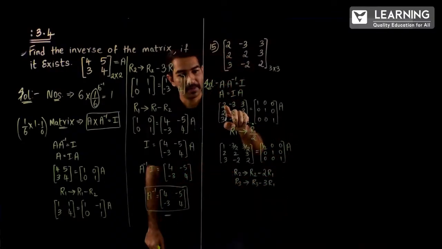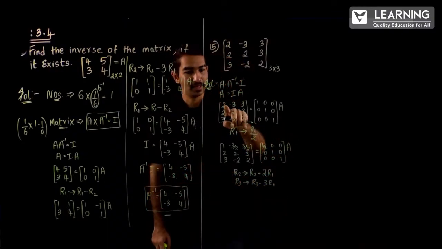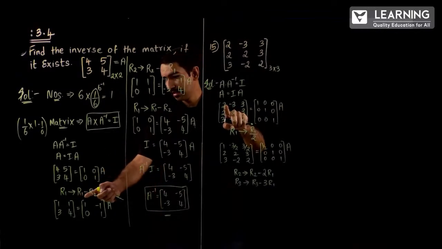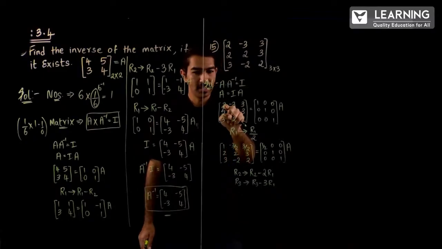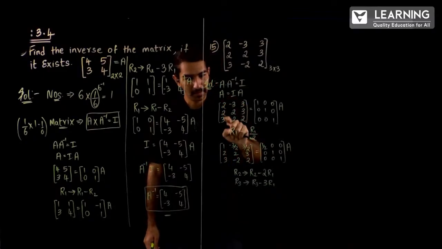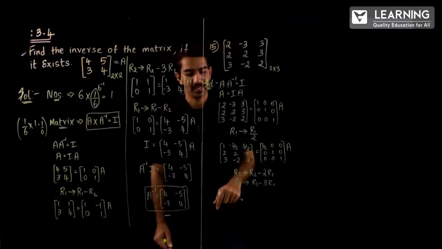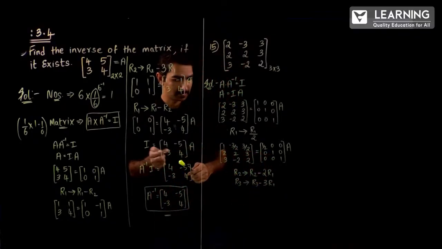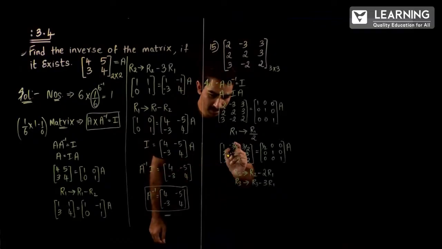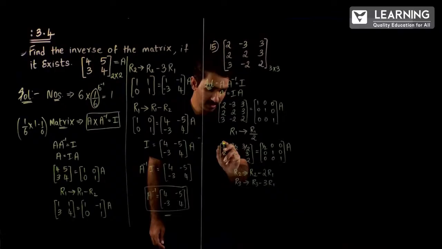Always make the first element, that is A11 as 1. Okay, either by like this, make it 1 like this, or make it 1 like this. Once this becomes 1 with respect to this, make the other 2 elements below that as 0. So I've written the row operation here. We'll just operate them now. What will happen? So 2 minus 2 is 0, 3 minus 3 is 0.